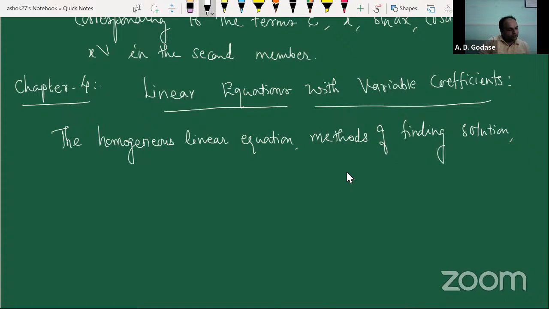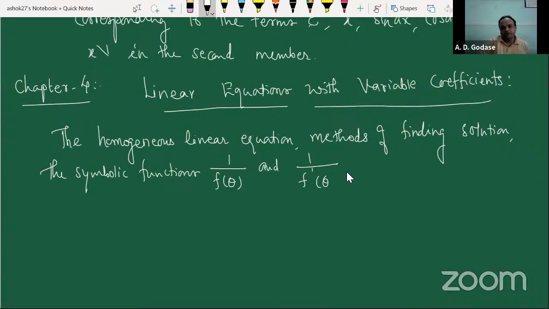After that, the symbolic functions. First, 1 upon f theta, so it is an operator, and second, 1 upon f dash theta.